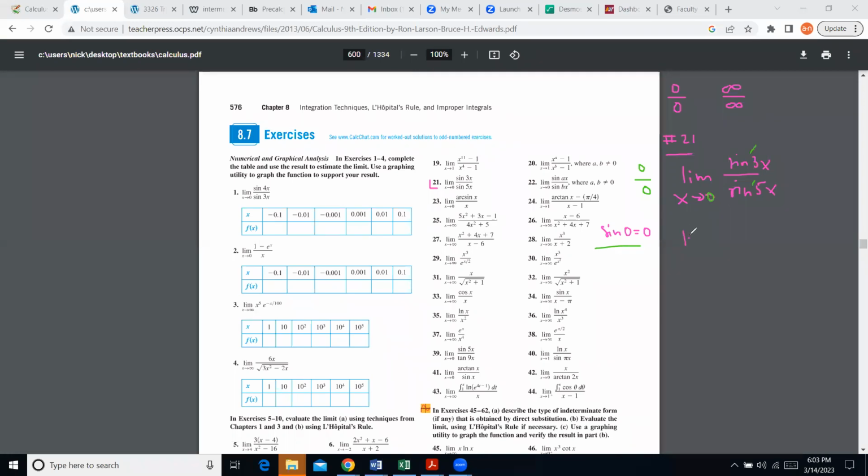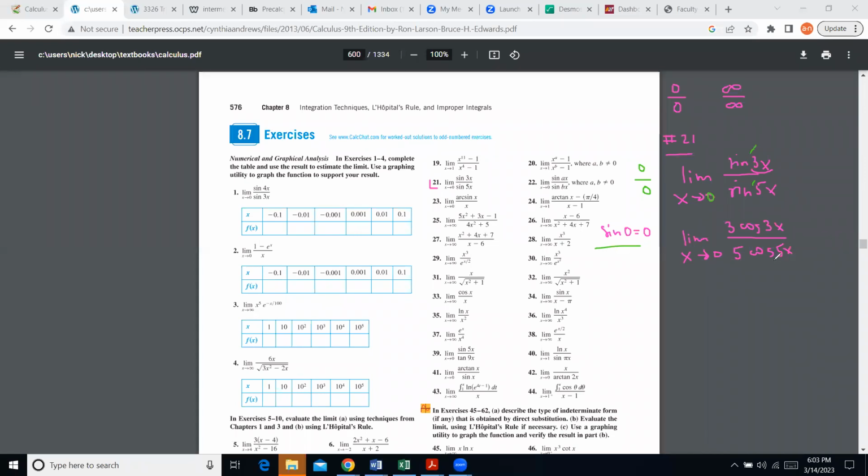So the limit when x approaches 0 is going to be the same if I take derivatives. The derivative of sine is cosine of 3x, and the chain rule will make me multiply this by 3, right? By the derivative of 3x, so it's 3. And analogously with the denominator, it'd be cosine of 5x, but now it's multiplied by 5.